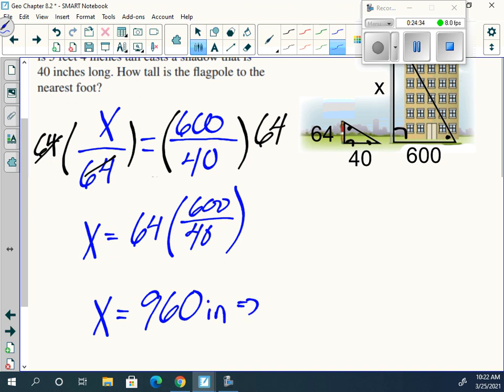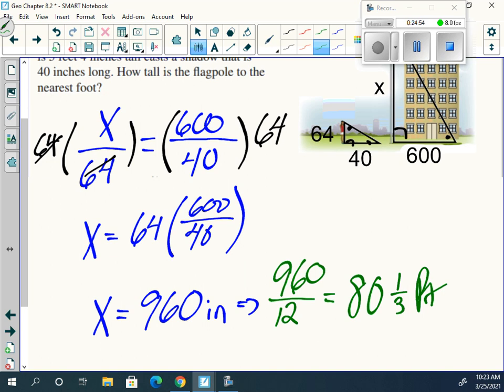Right, to go from inches to feet, we take 960 and divide it by 12, which would be 80 and 1/3 foot, but since it wanted to the nearest foot, it would be a nice round 80.